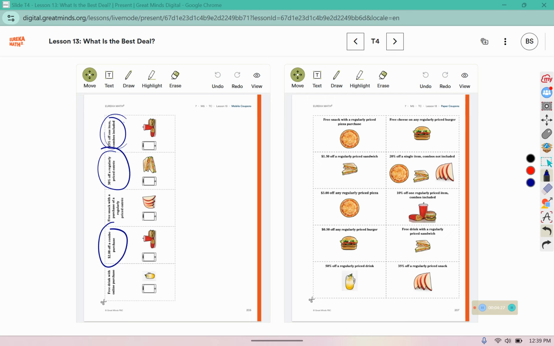And so if we were to do 15% of $8.50, would save us $1.28 approximately. 30% off of $8.50 would save us $2.55. Or $2 off would save us $2.